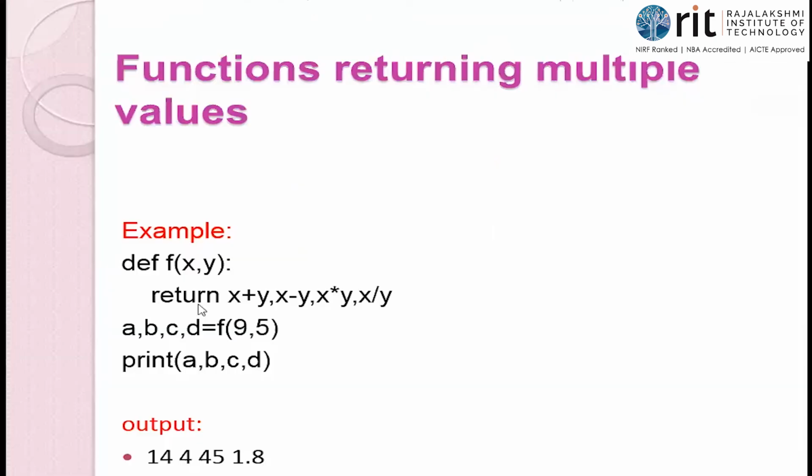So this is the code. Simply return one value after. See, if you are having a collection of values, it should be separated by commas. So return value 1, comma value 2, comma value 3, comma value 4. That's it. Instead of returning the values directly, apply the expression. 4 expression வச்சிருக்கேன், 4 expression are separated by commas. Okay.